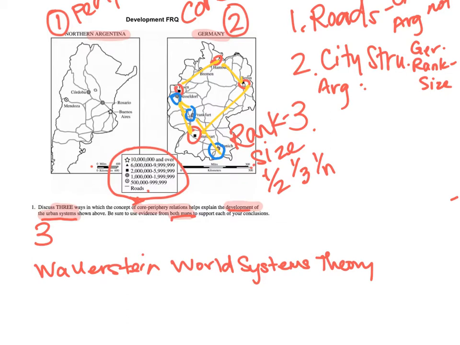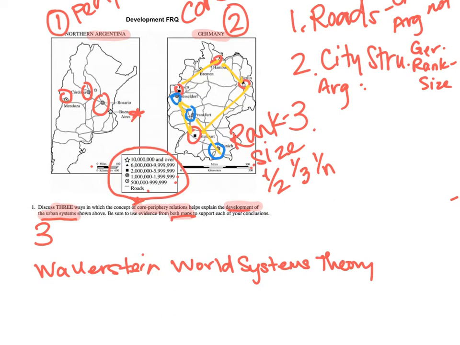The other cities that are on the map, we have Rosario here, and Cordoba over here, and then we have Mendoza over here. So it looks like Rosario and Cordoba are both in the 1 to 2 million, and Mendoza is 500,000 to just under 1 million, while Buenos Aires is 10 million and up. Okay, it's a big, big city.